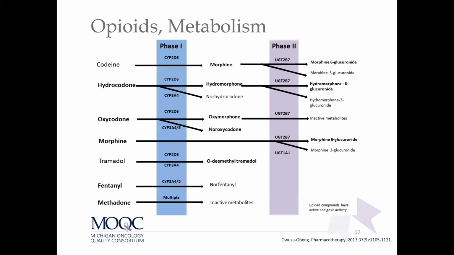So if they're poor metabolizers at 2D6, that means they're not going to make a lot of morphine. It's not going to work for pain. On the opposite end of that, if they're ultra rapid metabolizers at 2D6, that means they're going to make a lot of morphine, and you're really just looking at side effects. Touching on a couple of the other drugs here, fentanyl is metabolized to inactive metabolites, but is 500 times more lipid soluble than morphine.